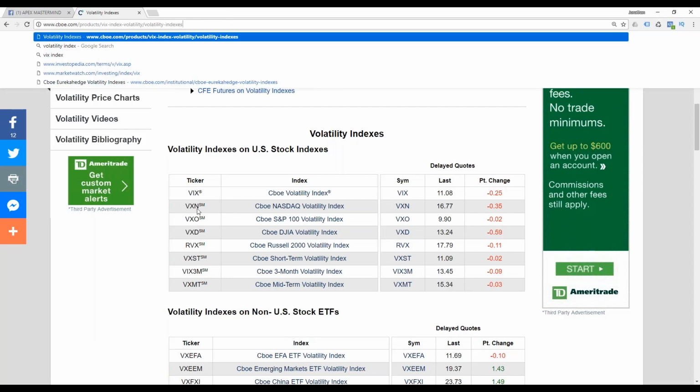The volatility indexes, the way that I like to use these, same thing. I want to compare them, right? If all of a sudden Russell volatility goes up, rallies like crazy, and the other indices, their volatility hasn't rallied, well, for one, without a doubt, you could expect more movement in the Russell, right?